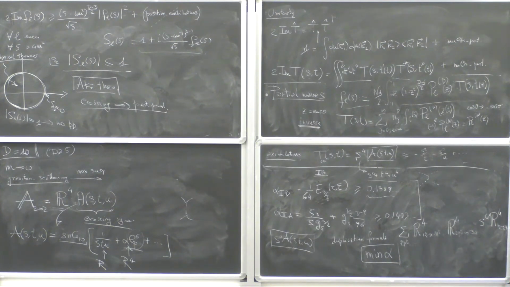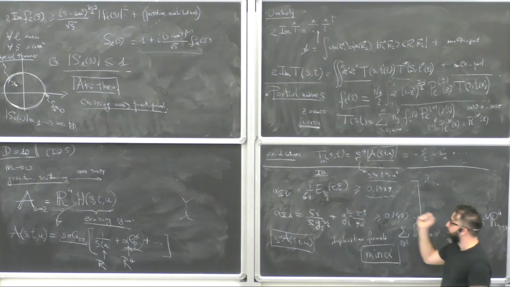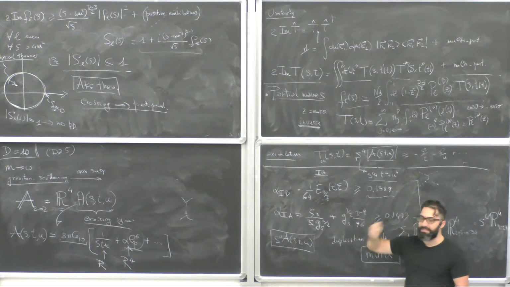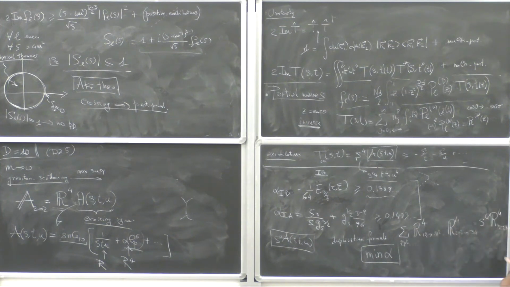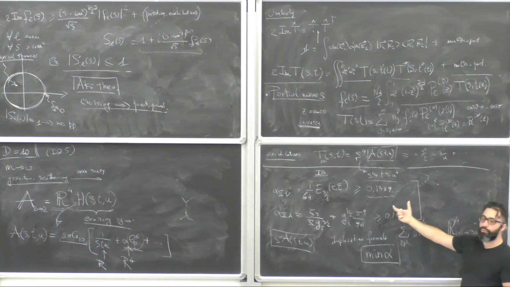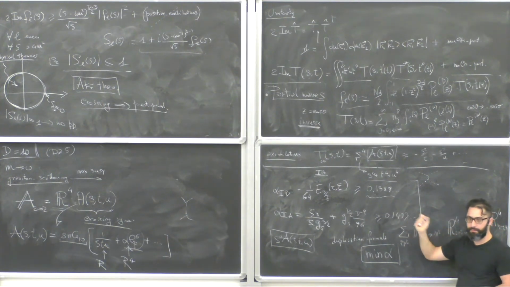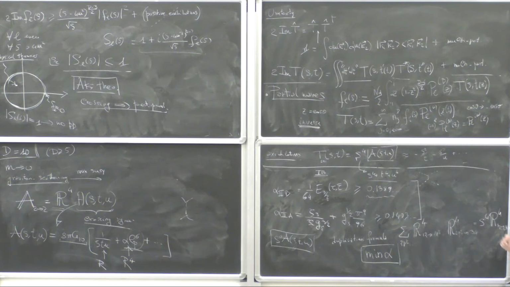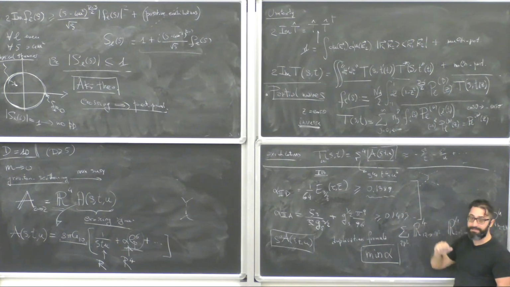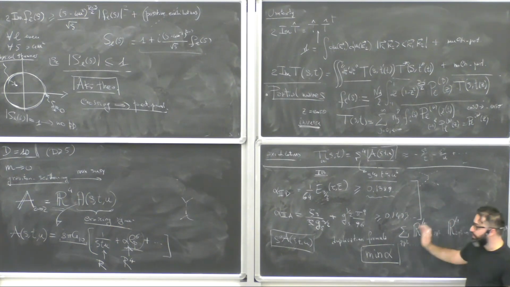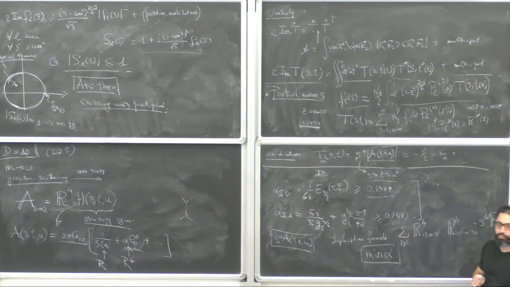So low energy supergravity can tell you the differential equation that this function must satisfy, but does not tell you the boundary conditions. For that you need string theory. You need, for instance, the SL2Z invariance of the UV theory. And that's what fixes this number, which is not inputted into the bootstrap to begin with.